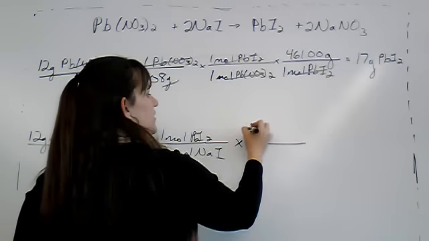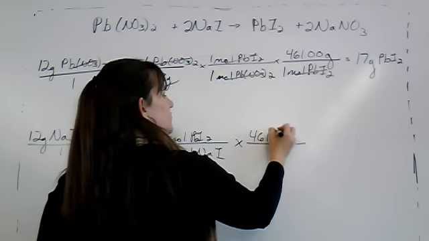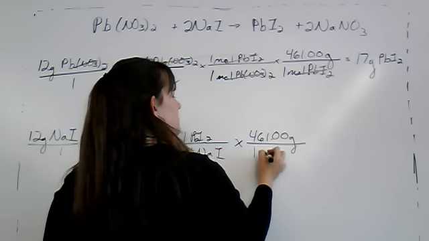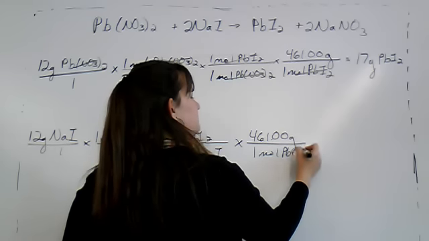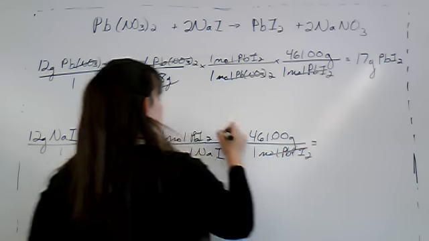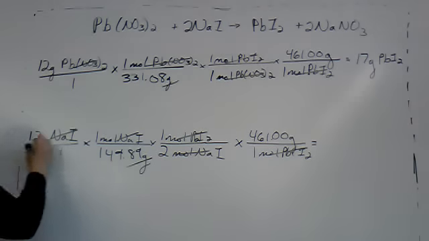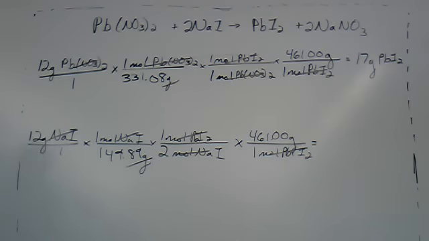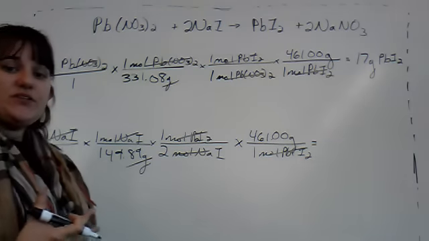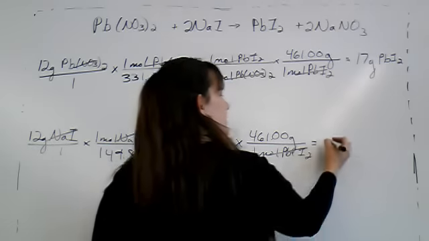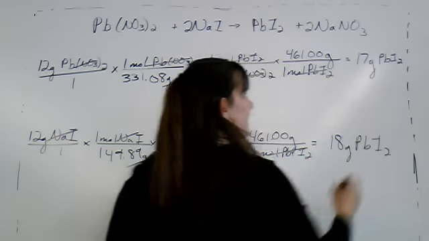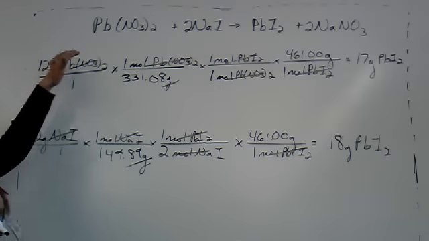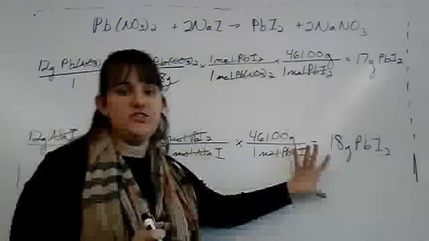And we already know that we have 461 grams for every mole of lead-2 iodide. Okay, cancel our units. Everything went smoothly. If we put this in our calculator and use significant figures, we're going to find that we have 18 grams of lead-2 iodide.